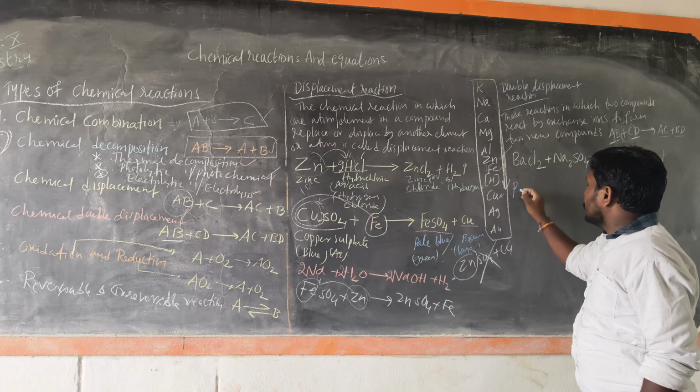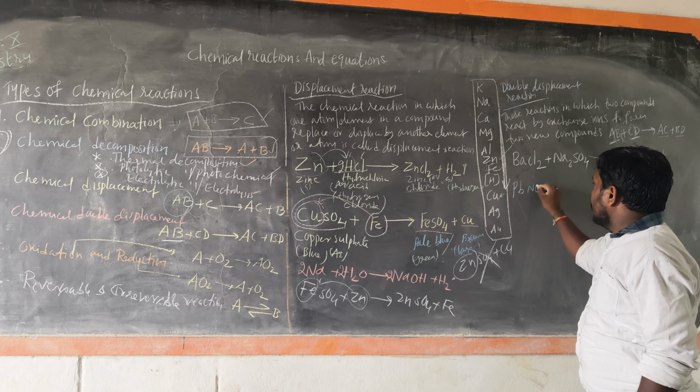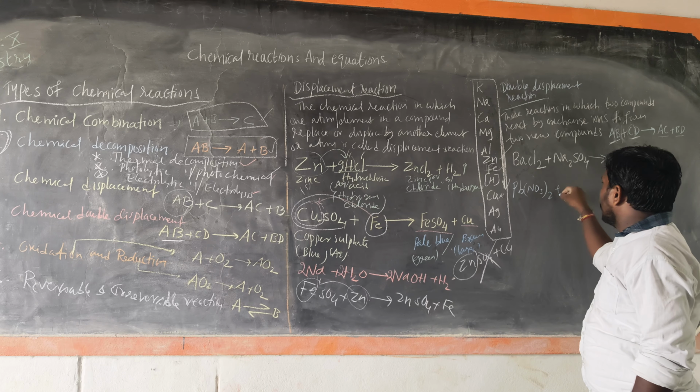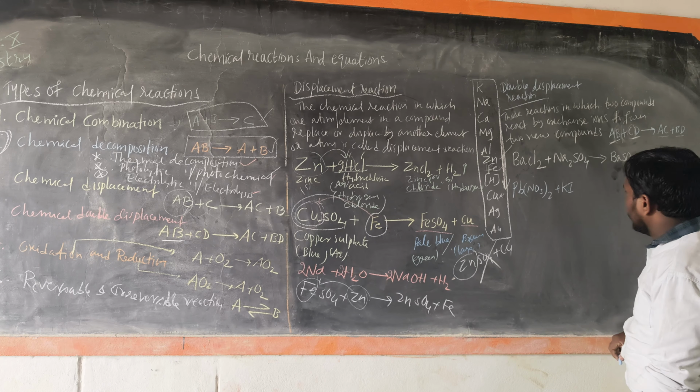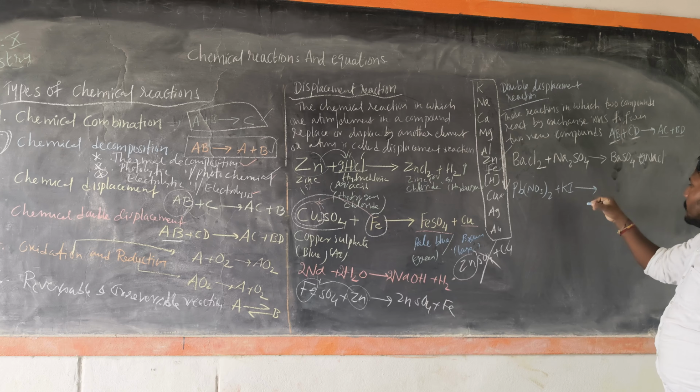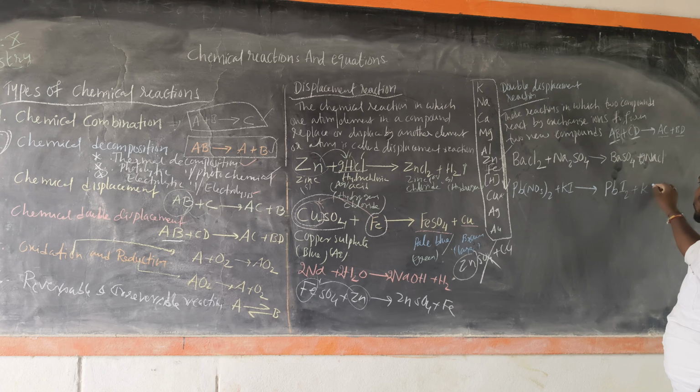Similarly, lead nitrate plus potassium iodide combined together form lead iodide plus potassium nitrate.